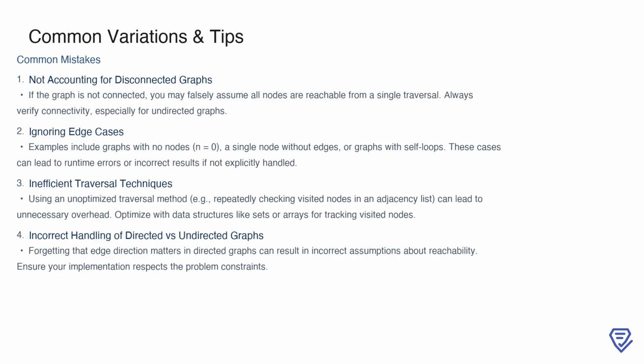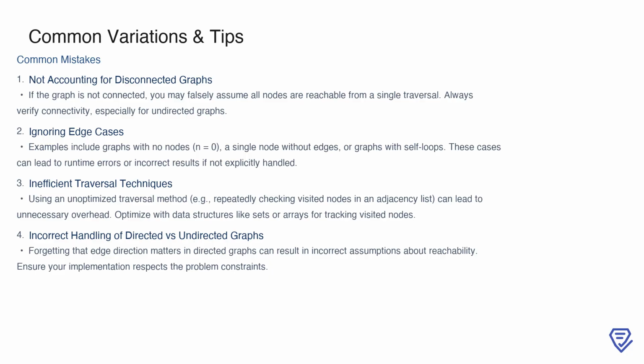These scenarios can easily lead to runtime errors or incorrect results if not handled explicitly. Additionally, using inefficient traversal techniques, like repeatedly checking visited nodes in an adjacency list, can introduce unnecessary computational overhead. Optimizing with appropriate data structures, such as sets or arrays for tracking visited nodes, can make your solution more efficient.